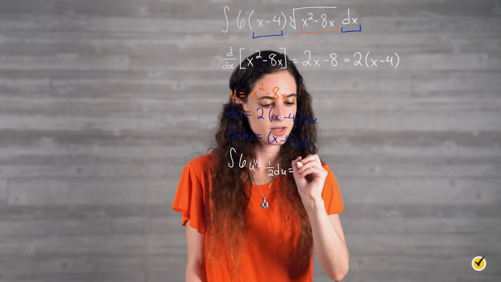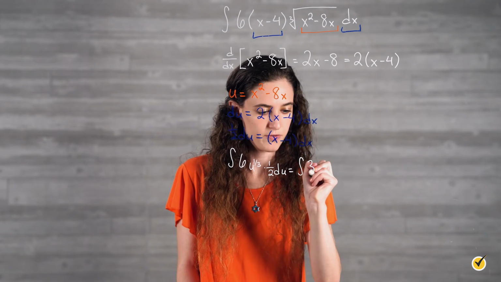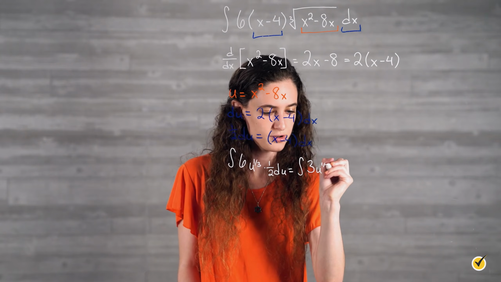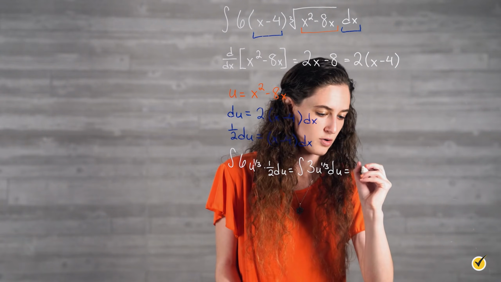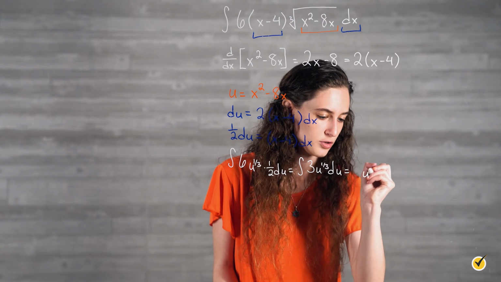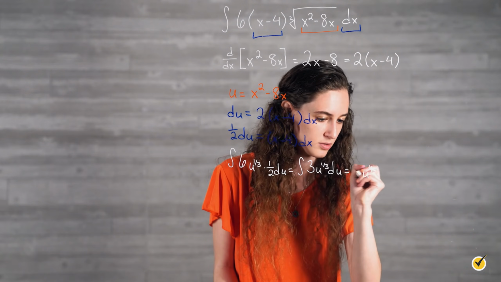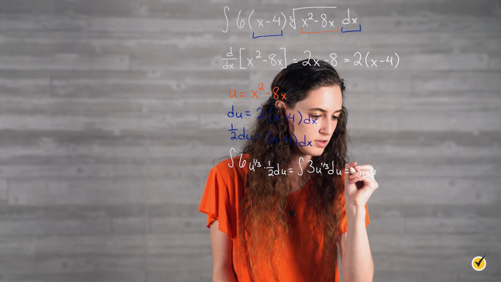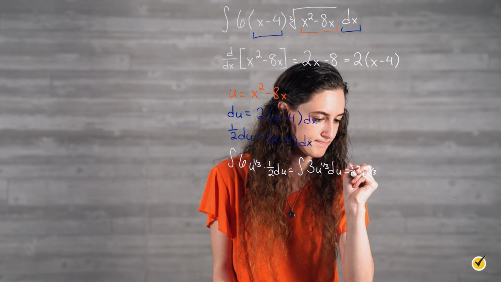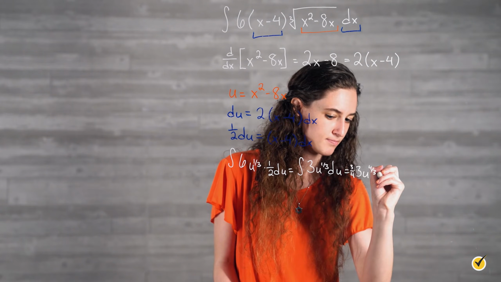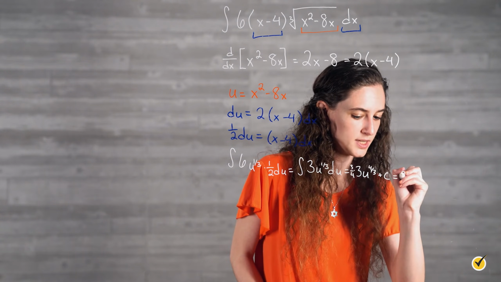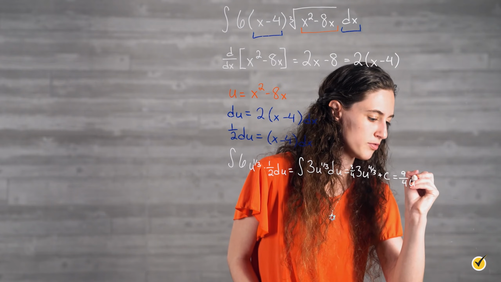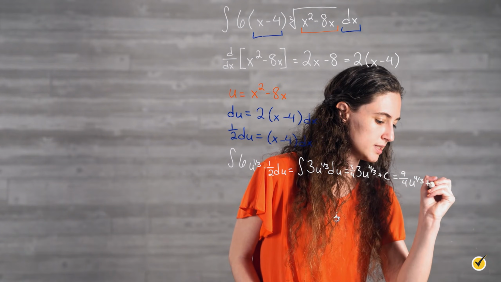When we simplify this, we get the integral of 3u to the 1/3 du, which is equal to 3u to the 4/3 times 3/4 plus c, which is equal to 9/4 u to the 4/3 plus c.